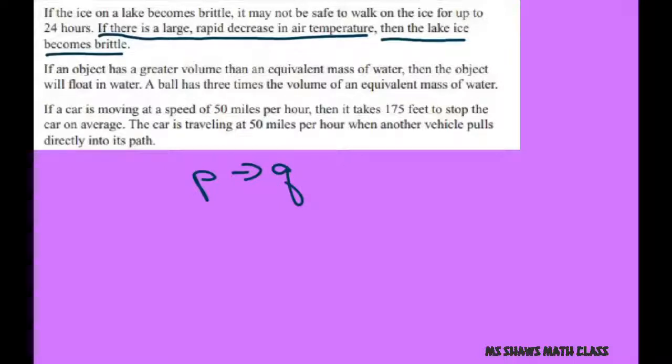So you're going to write this first, and then you write, then the ice on the lake may not be safe to walk on for 24 hours. So this is the law of syllogism. It's just worded, kind of written backwards here.